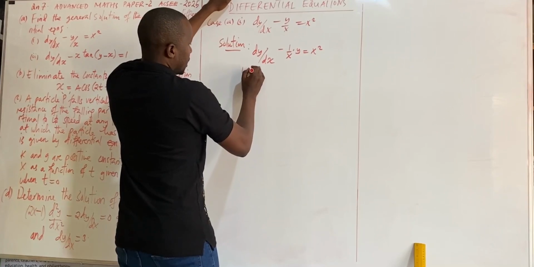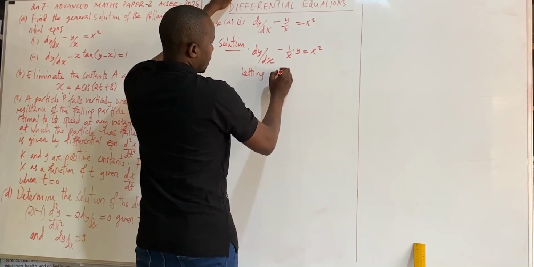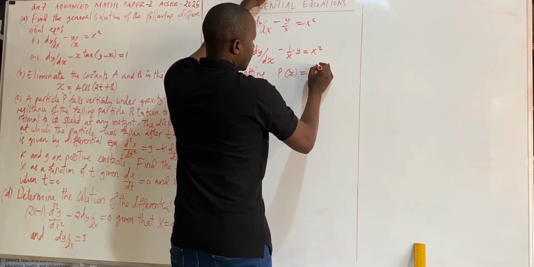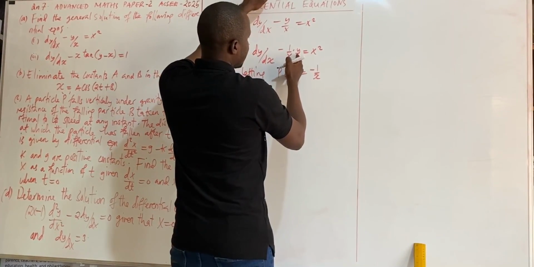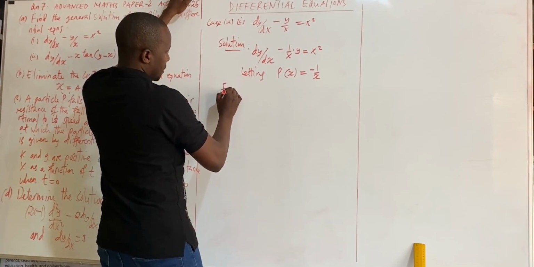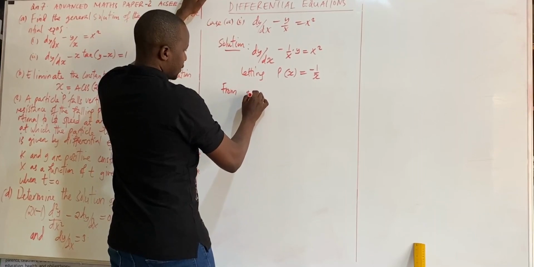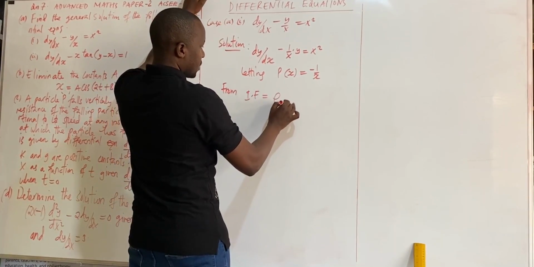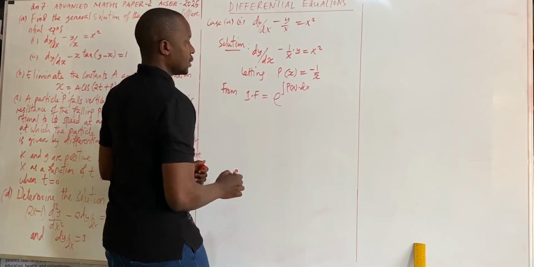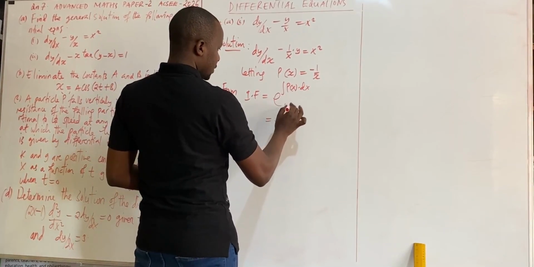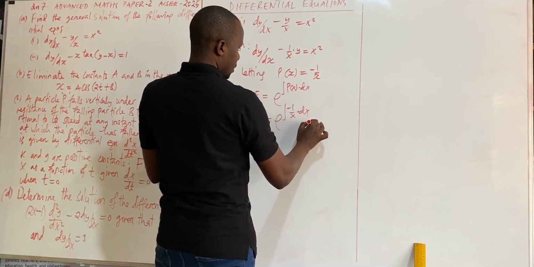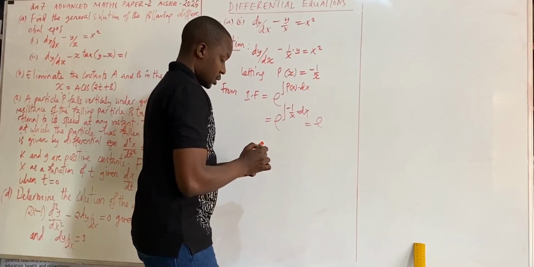So now I can let the function p of x equal negative 1 over x, these coefficients of y here. Now from integrating factors, the integrating factor is given by e to the integral of p of x with respect to x. So this now becomes e to the integral of negative 1 over x dx.